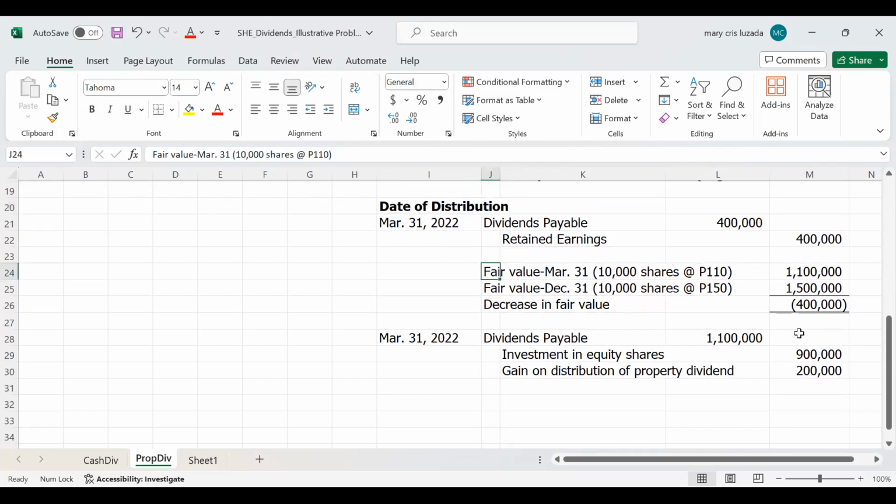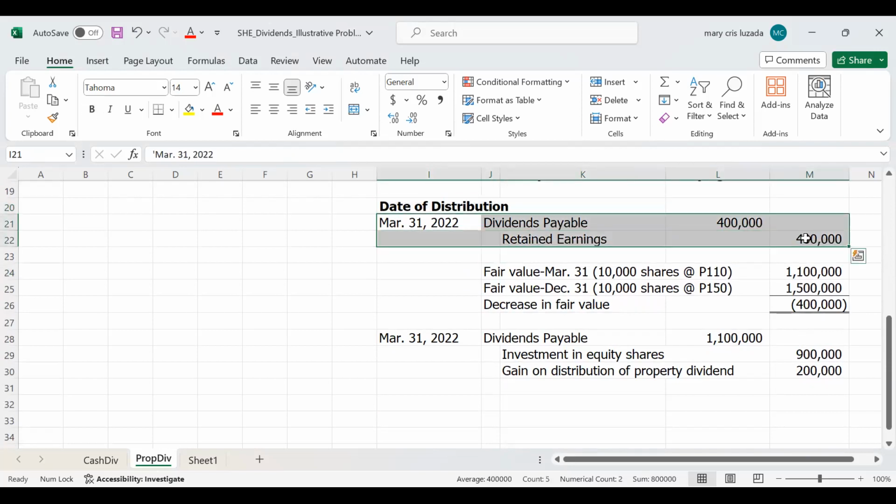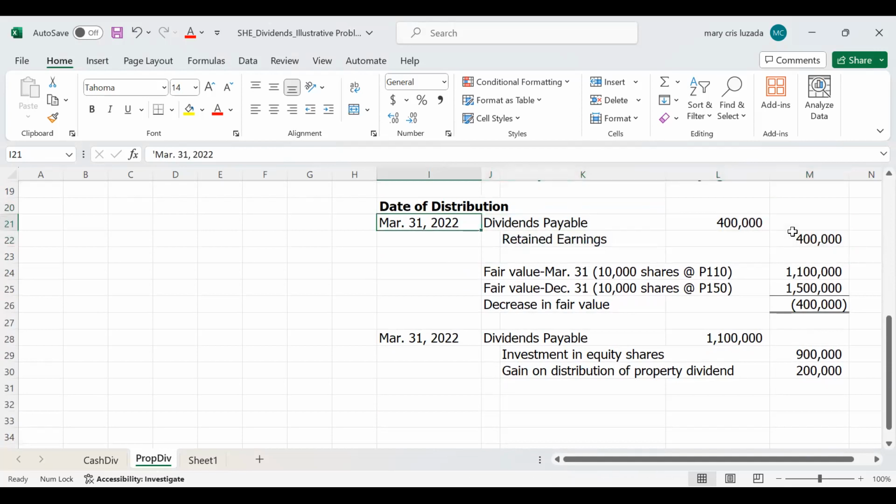If that's the case, before we distribute it to the shareholders, we first adjust our liability. Our liability for dividends is equivalent to the fair value of the non-cash asset we will distribute. Since the balance is now 110, the amount is now just 1.1 million, the final dividends payable.